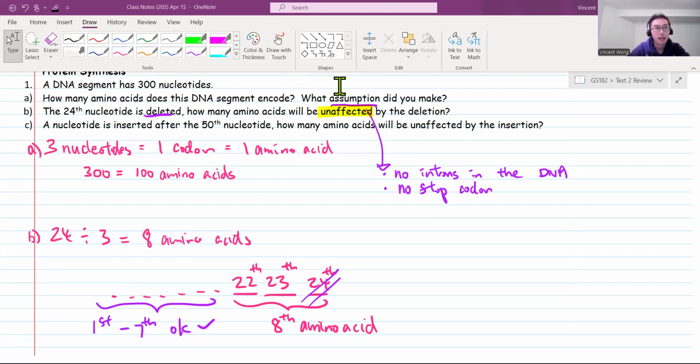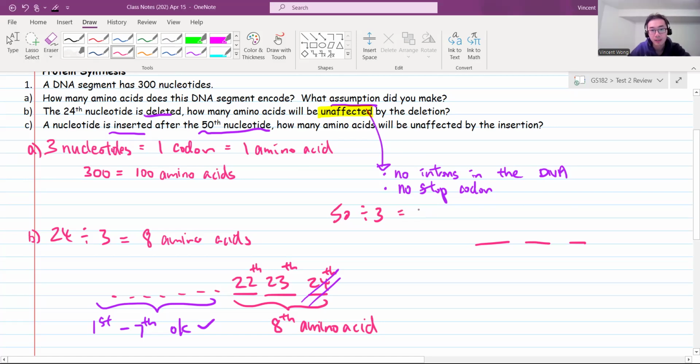Okay, moving on. Part C: a nucleotide is inserted after the 50th nucleotide. How many amino acids will be unaffected? Again, you can try 50 divided by 3, which is 16.666. So 50 is not a multiple of 3, but 51 is.